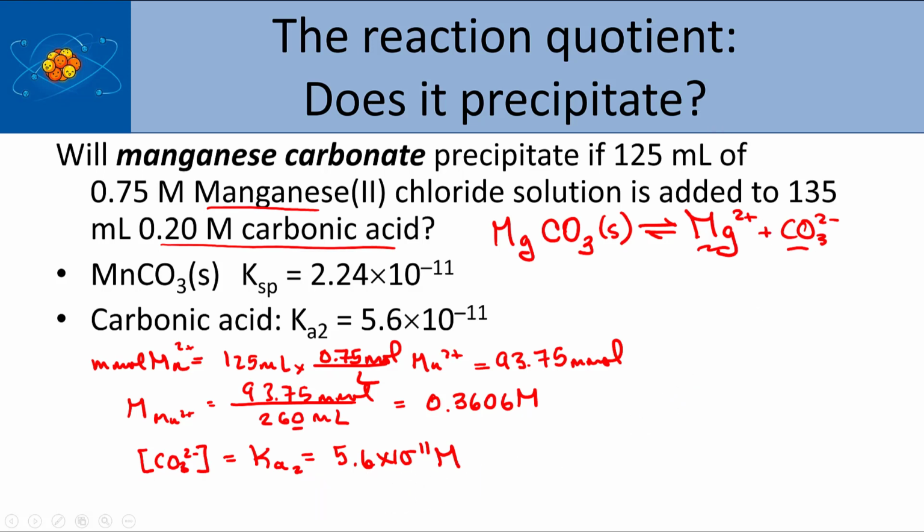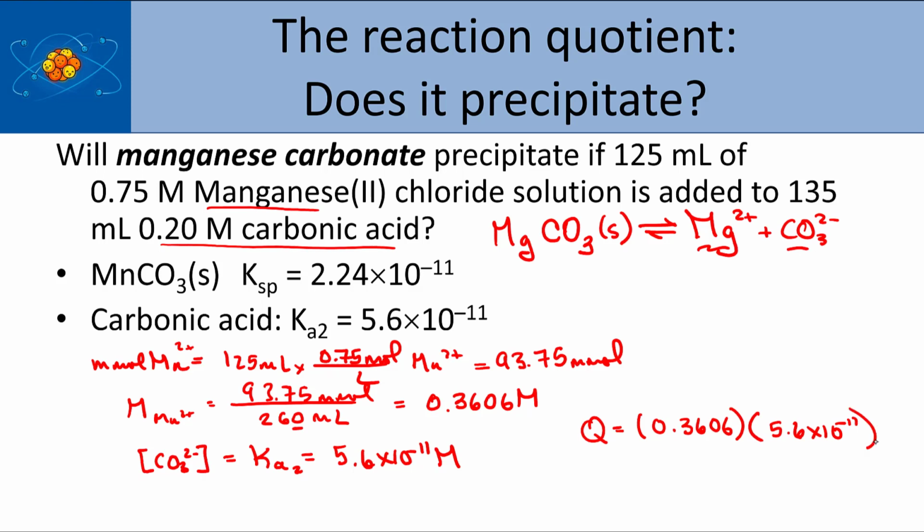So I have my Q is going to be equal to 0.3606 molar, I don't have to put the molarity in there, times this 5.6 times 10 to the minus 11.